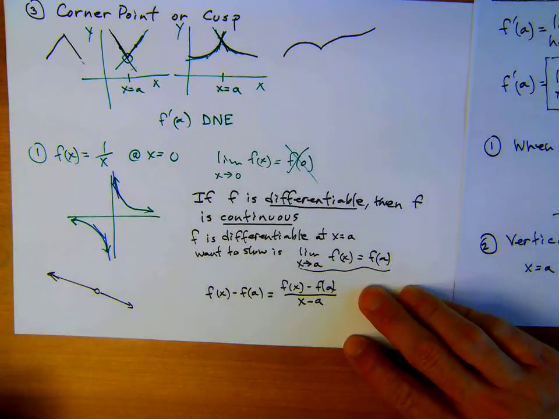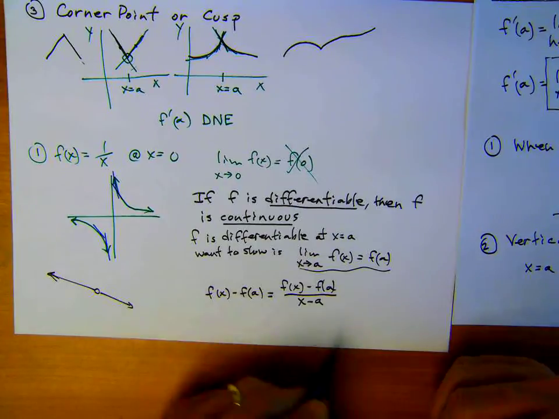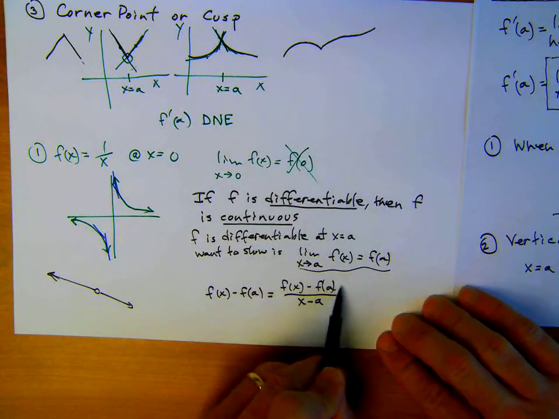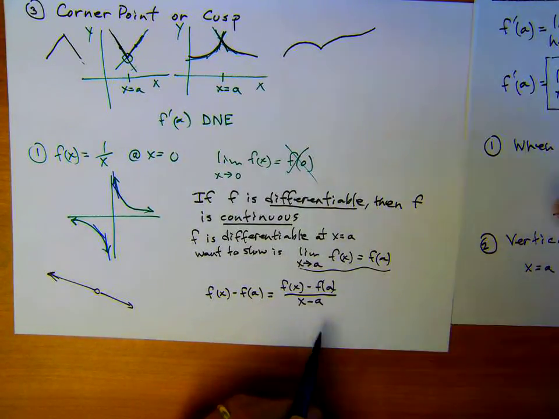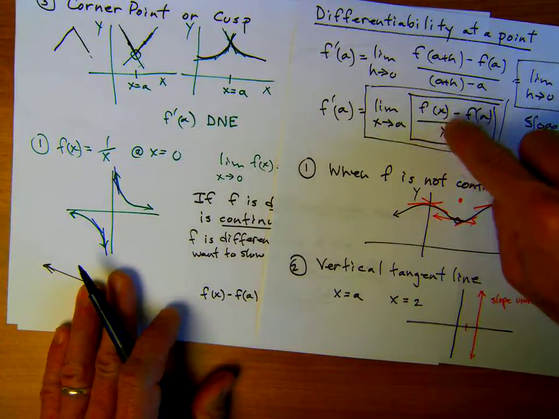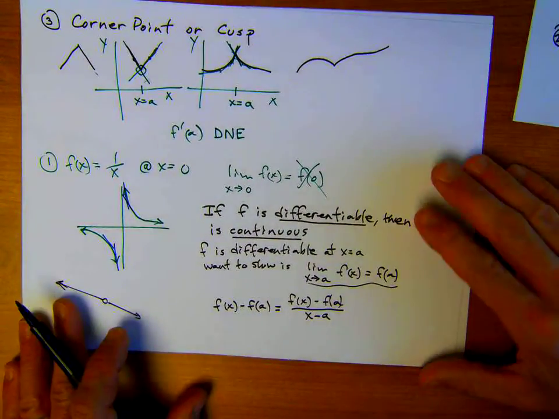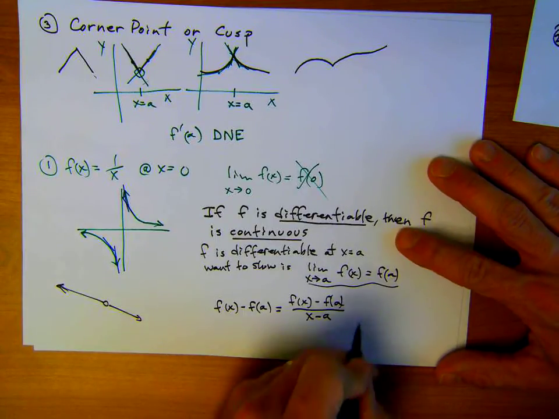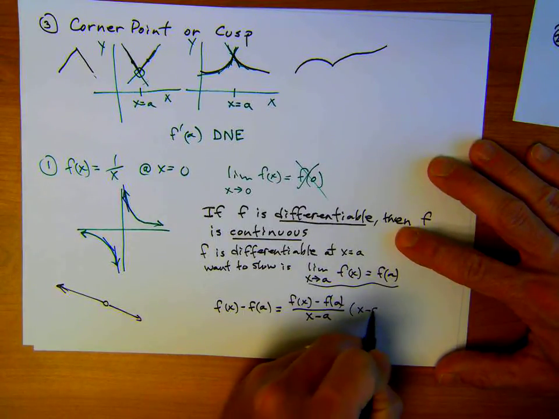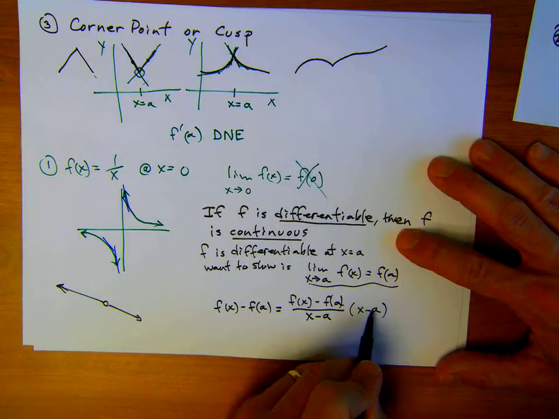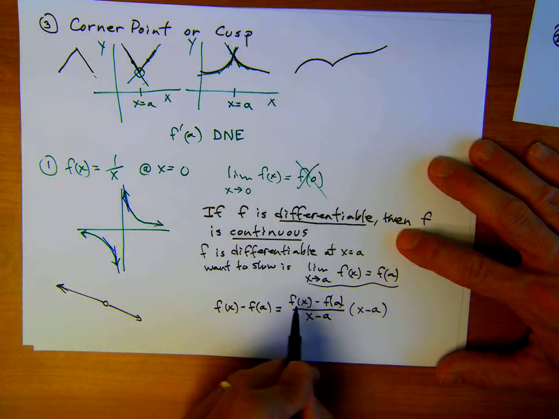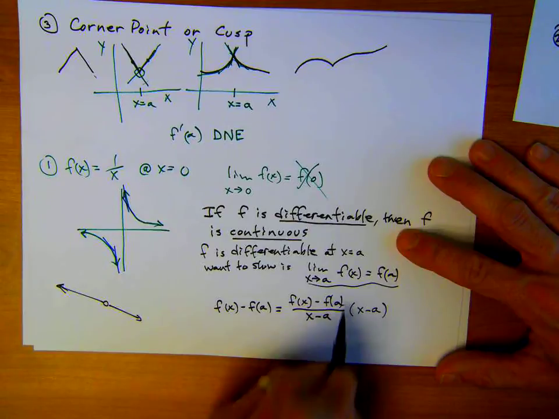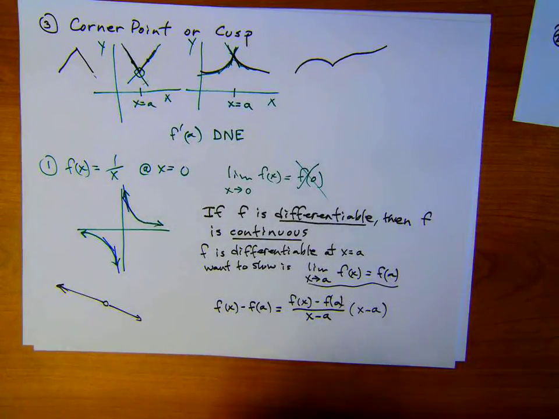Now, this is not always intuitive, but you'll see where we're going. It's a little bit of a trick, but you can see why we want this piece in here, because it's related to our definition of the derivative. These aren't equal, right? But if I multiply over here by x minus a, notice that now they are equal, because these would cancel, and I'd have f of x minus f of a equals f of x minus f of a.